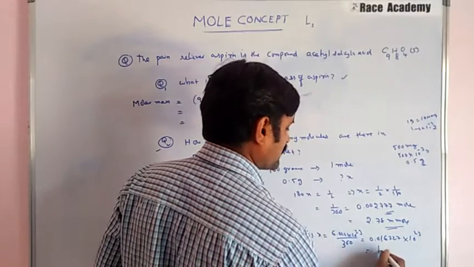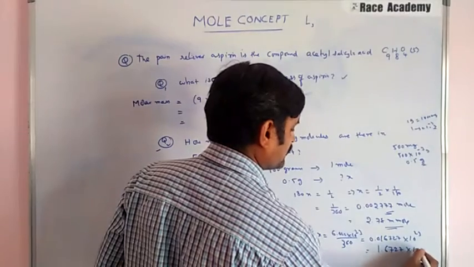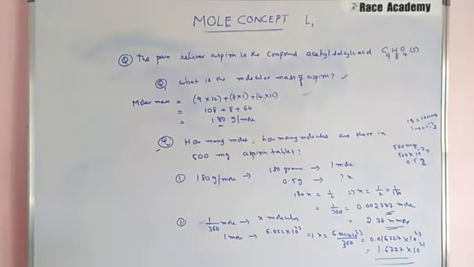If you wish to write this as 1.672, then it will become 10 power 21. So the second one we have calculated.